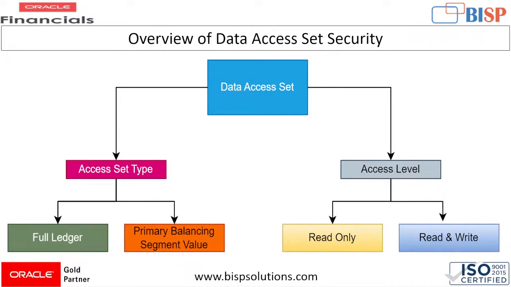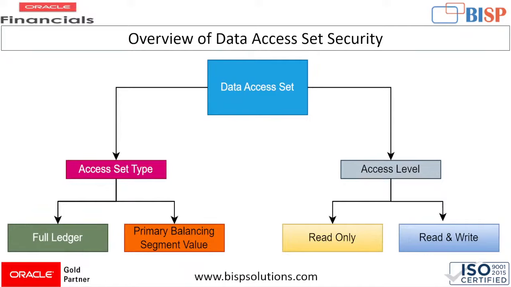In the following figure you can see the access level given in the data access set we create. For the access set type, there is full, or you can give a primary balancing segment value. Your BSV will be the value; if you have multiple BSV values, you can provide a particular BSV value to access the data.